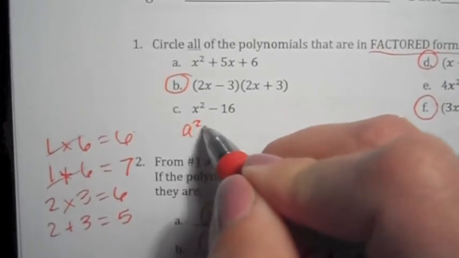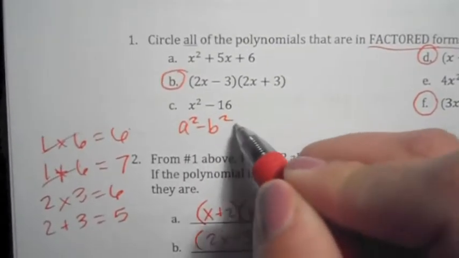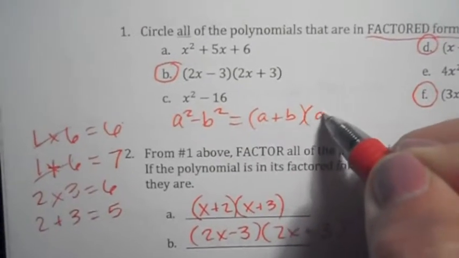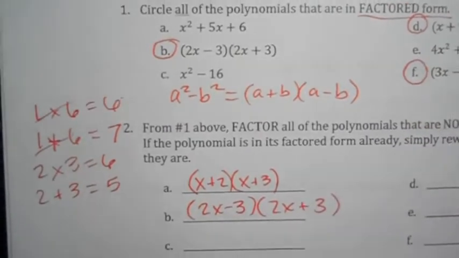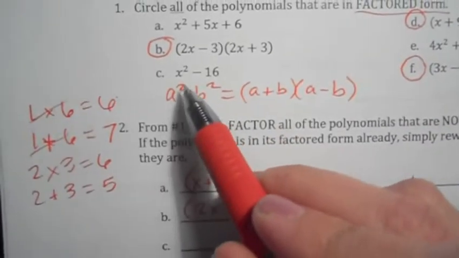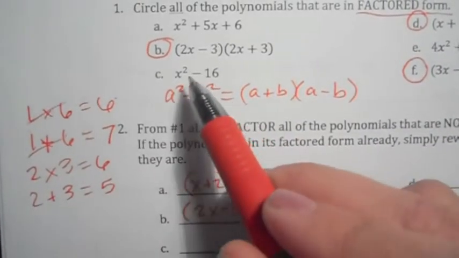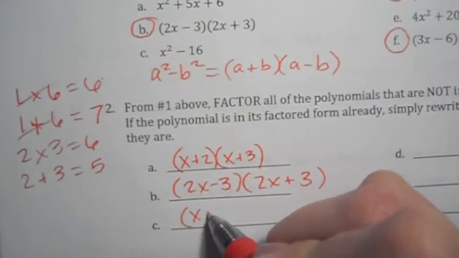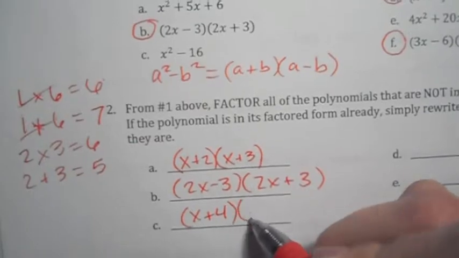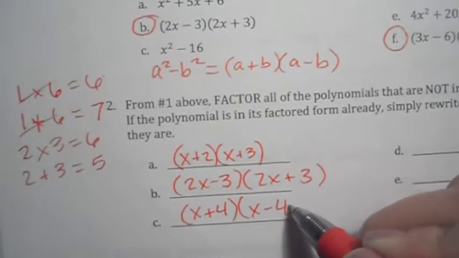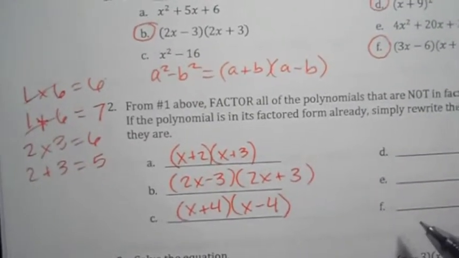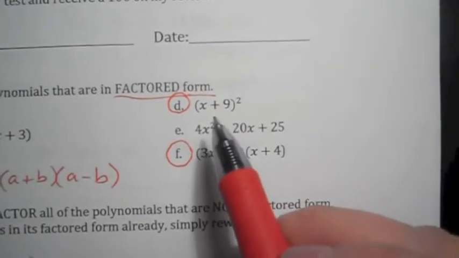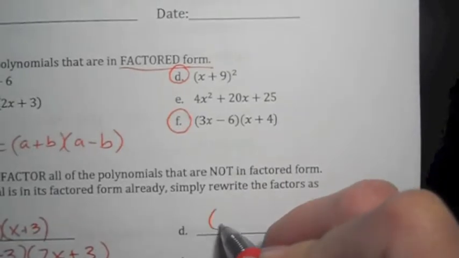Using our formula, we know that the factors will be, since we have something squared minus something squared, x plus 4 and x minus 4. Okay, we'll see some more of that later. Part D. That one was already in factored form.